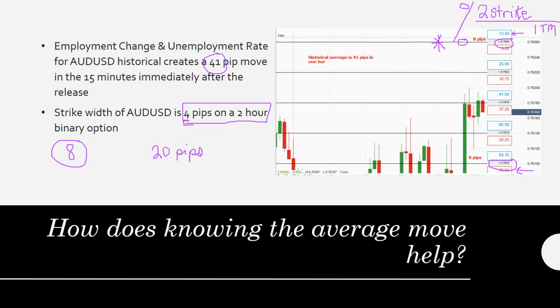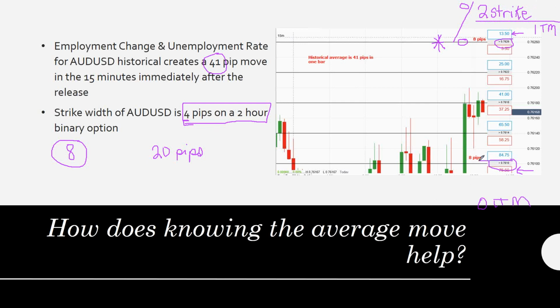Does everybody understand that? If you have a question, now is the time to ask me while I have this chart up. If I'm going short, again, I want to allocate at least 2 strikes in the money, okay?